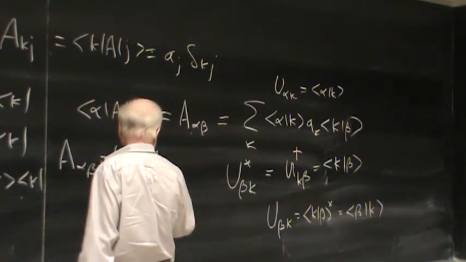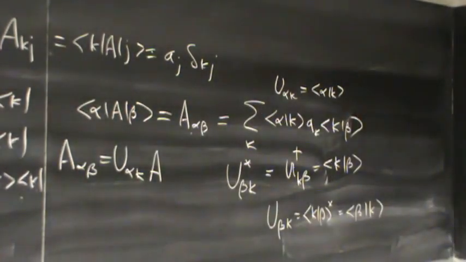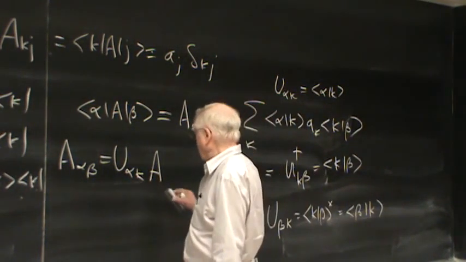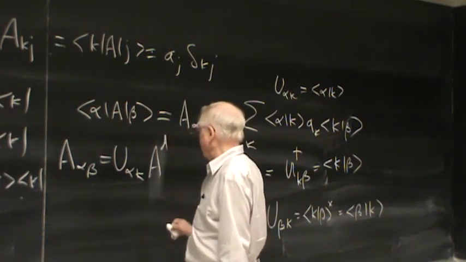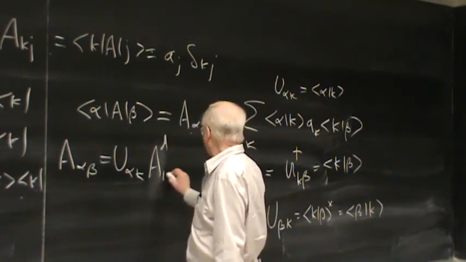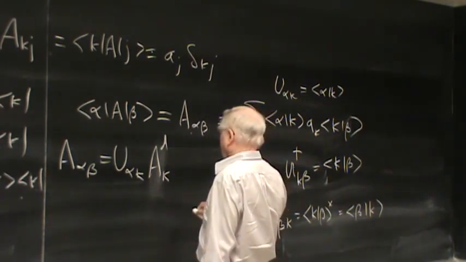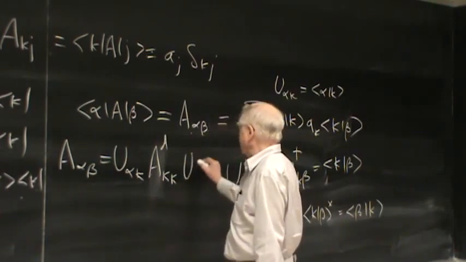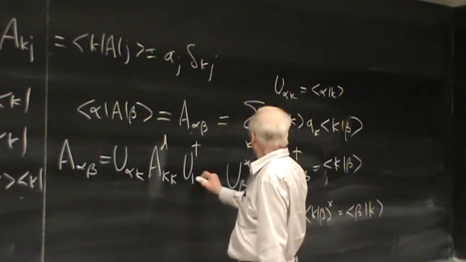A, sorry, this is diagonal, so this would be the diagonal matrix, the kk element, and then this would be U dagger_k beta.